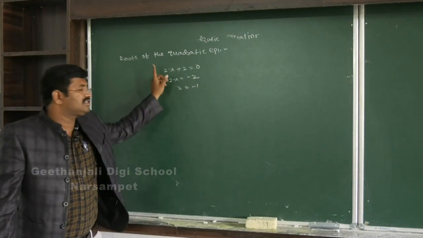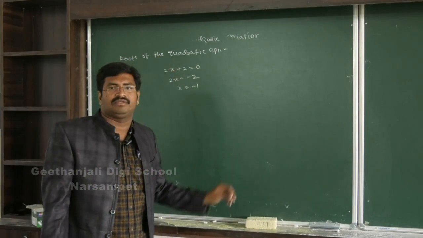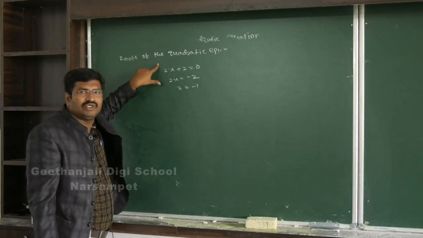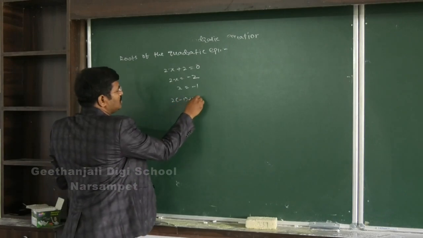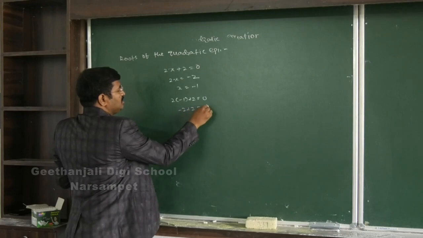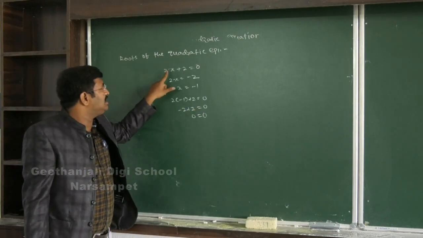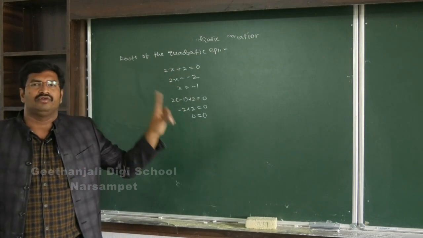X is equal to minus 1 is a solution of this equation. If you substitute minus 1 in this equation, it satisfies: 2 into minus 1 plus 2 is equal to minus 2 plus 2, that is equal to 0. It is satisfied. Here the equation is a linear equation, and it has one solution.